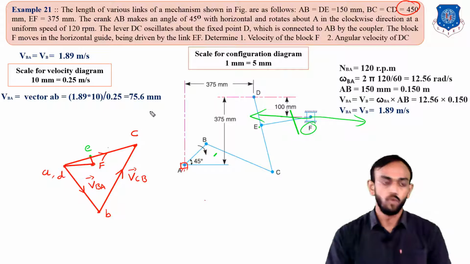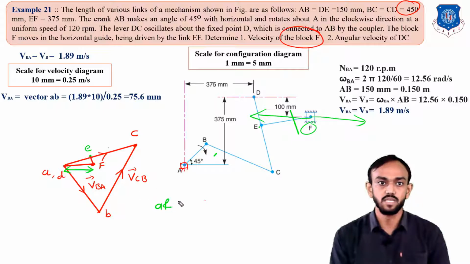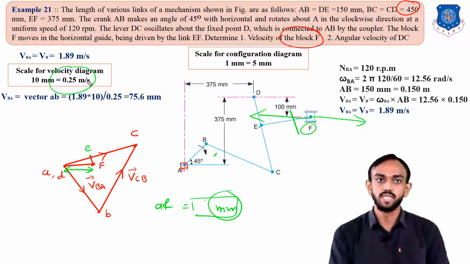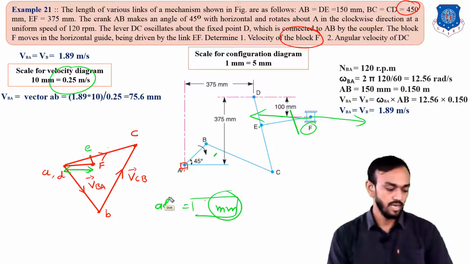If you want to find the velocity of this F, you just have to measure this distance. The A to F distance will be in mm, but you have to convert it using the scale here, and you will find the velocity of F. Let's find the velocity of F here.